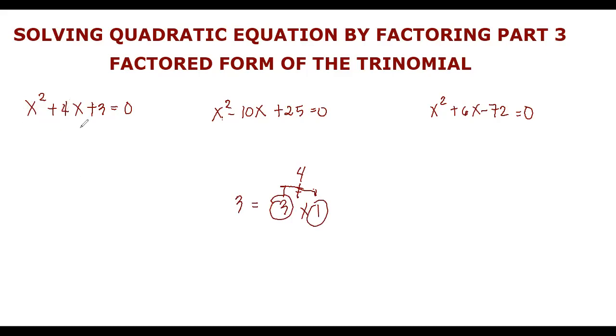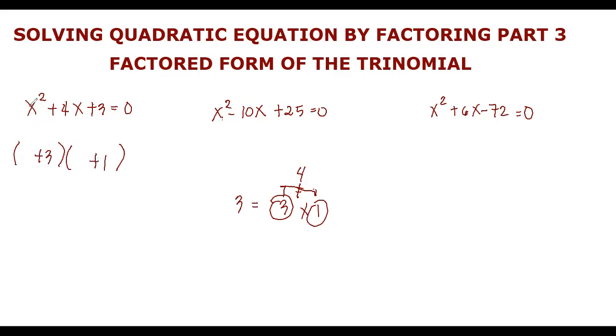Since you already got 3 and 1, don't forget to write them here. When we factor a trinomial, it takes this form. So that is positive 3 and positive 1. Don't forget to put the sign.